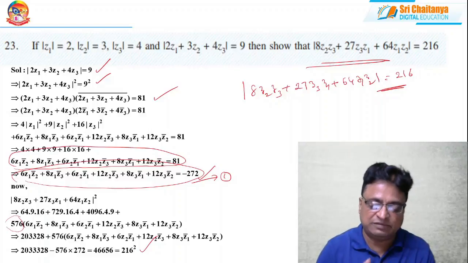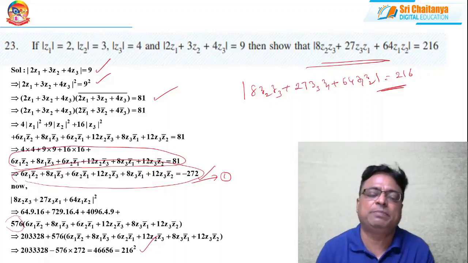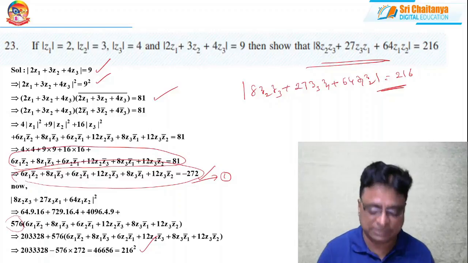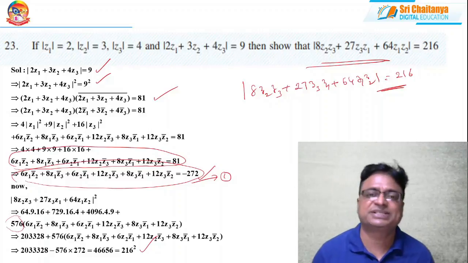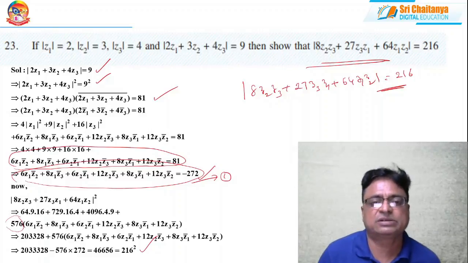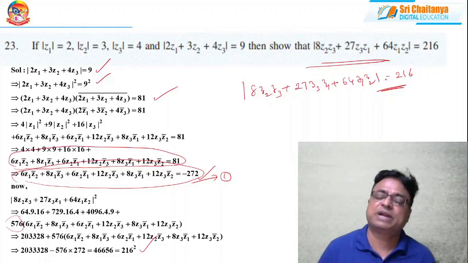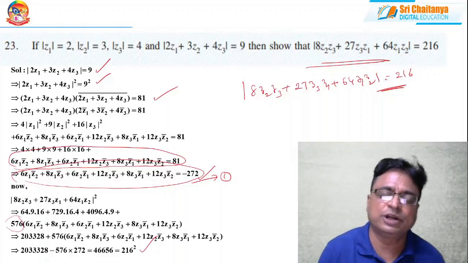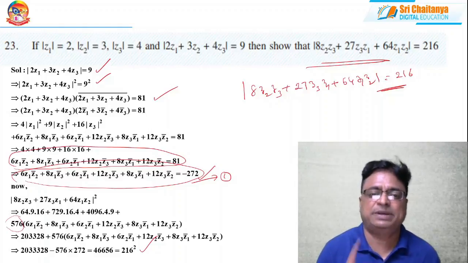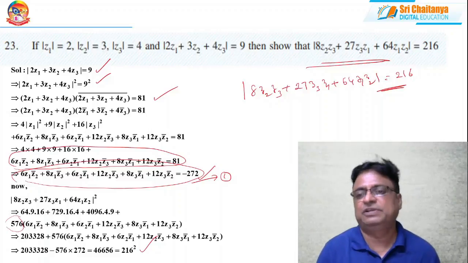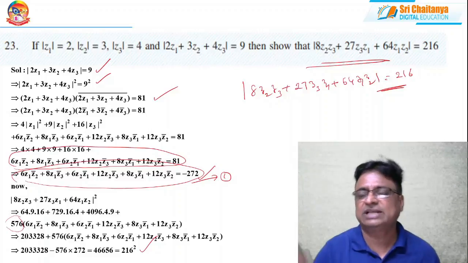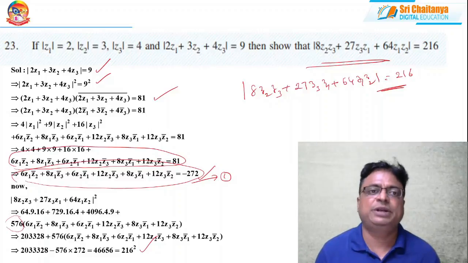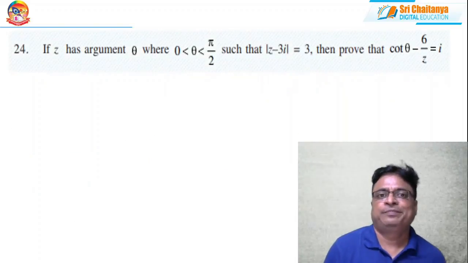With the help of this, you will understand how we can multiply a complex number and its conjugate. You will understand all manipulations very well. You please practice again without looking into the solution. Please practice on paper. You will get it. Beautifully, you will get it. You will get a very good answer. The answer is 216. Now coming to problem number 24.